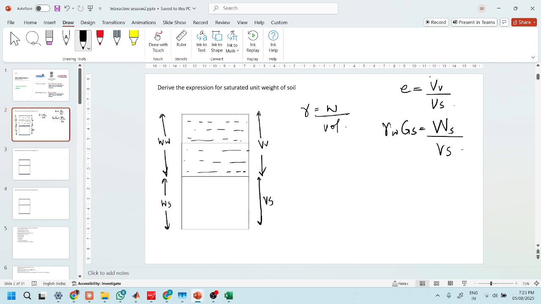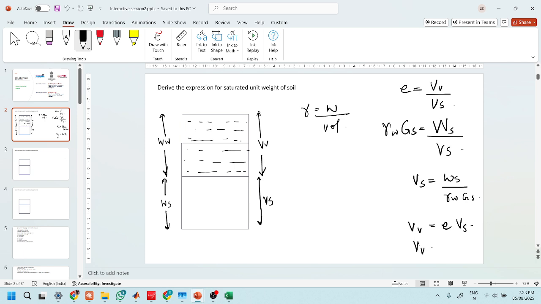So volume of solids equals weight of solids over gamma s. Volume of voids equals e times volume of solids.